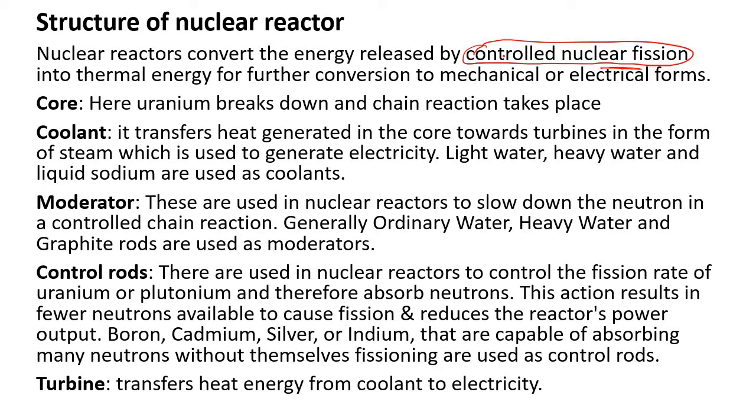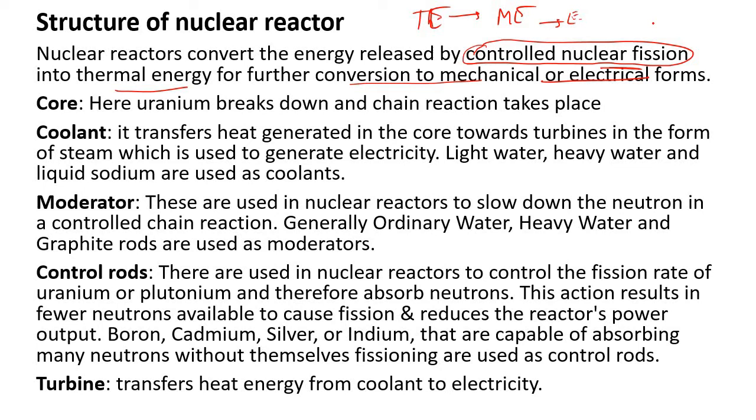According to our requirement we can produce the energy. Nuclear reactors convert the energy released by controlled nuclear fission into thermal energy, for further conversion to mechanical energy or electrical form.